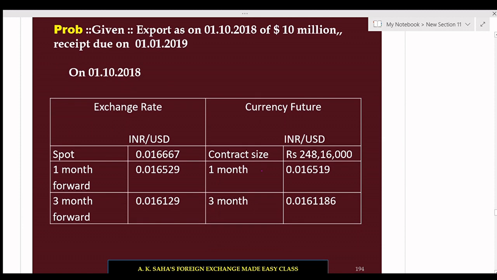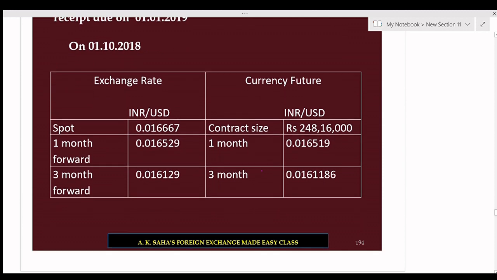Now come to the indirect quote. The problem is the same. The rate is converted to INR USD; before it was USD INR. The spot rate is given, 1 month forward is given, 3 month forward is given. Contract size is the same, rupees 2 crore 48 lakh 16,000. 1 month future rate is given and 3 month future rate is given.